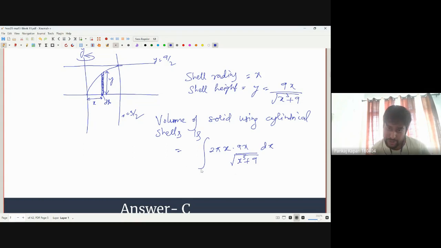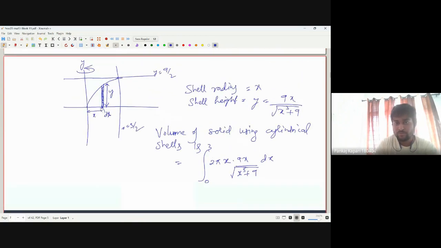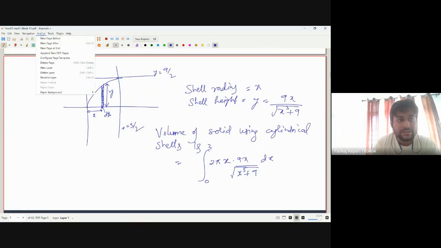Integrating means you add the volume of all the cylindrical shells. You'll have a lot of cylindrical shells, and you are adding their volumes, where x varies between 0 to 3. This is the volume. So let's find the volume by doing this integration.